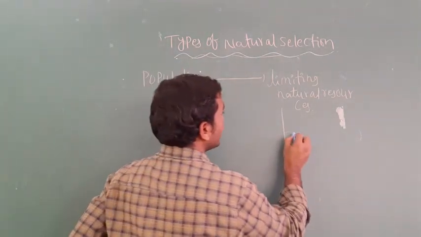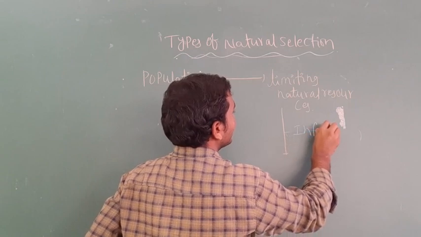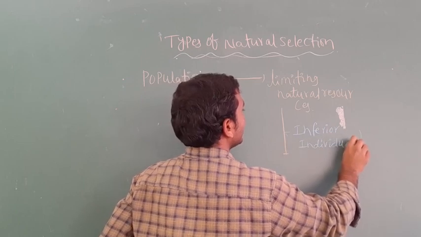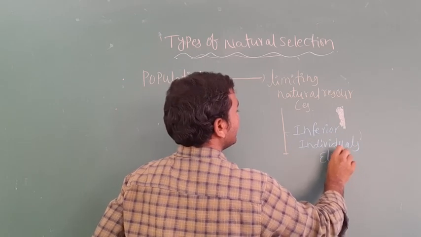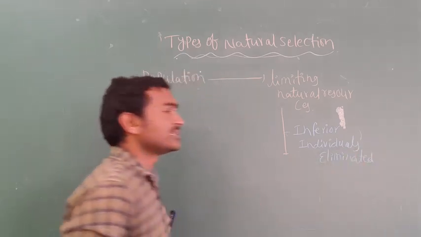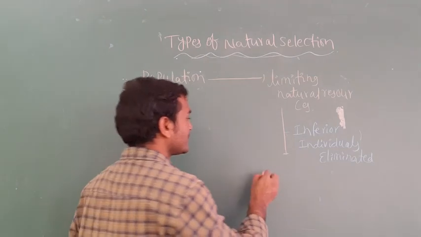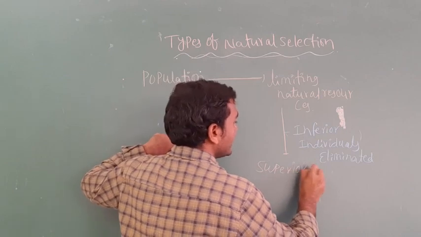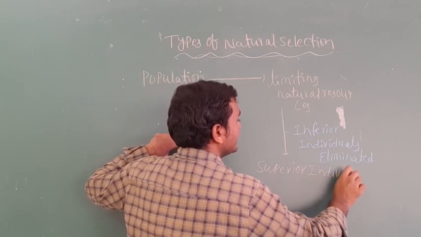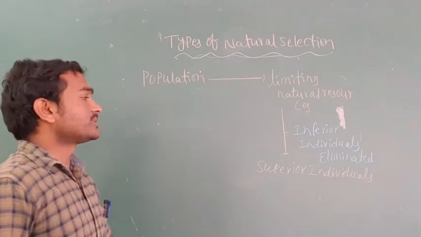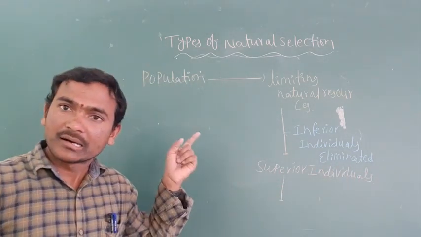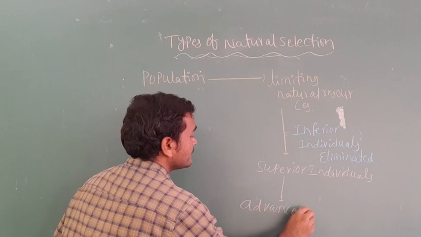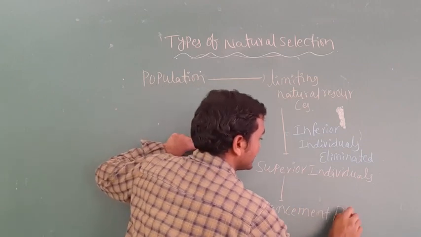At that time, what is happening? The inferior individuals are eliminated, but the superior individuals are present in the society. Why do the superior individuals survive? Because they have an advancement in reproductive capacity.